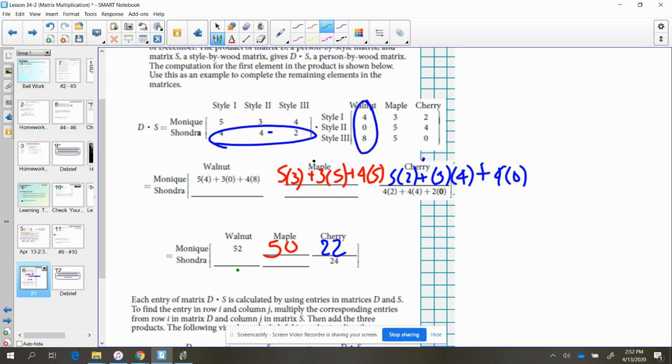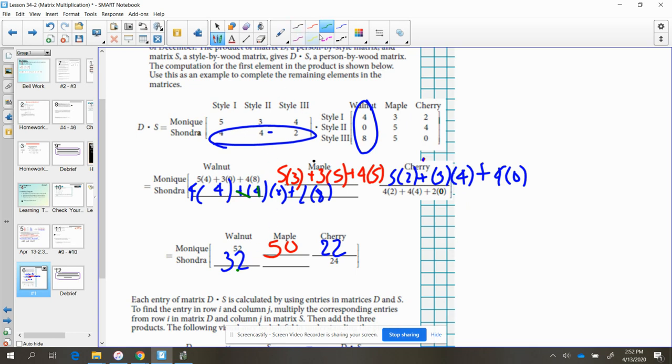So 4 times 4, 4 times 0, and, oh gosh, that was very poorly written, and 2 times 8. So 16 plus 0 plus 16, we have a total of 32 here.